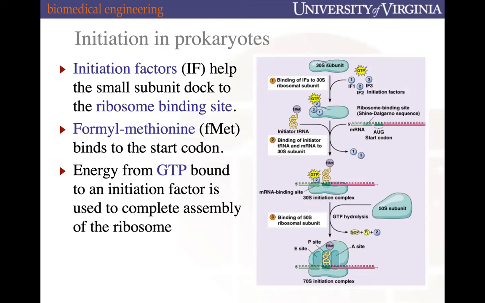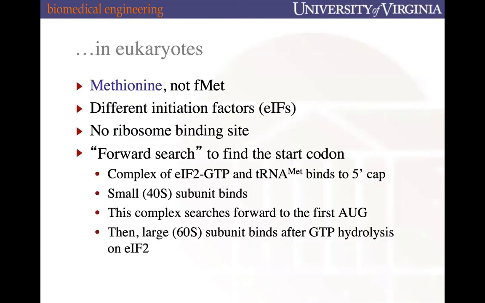They're also going to bind to the transfer RNA to help bring in that first one, to encode for the start codon for the formylated methionine. And they're also going to help by bringing in the large subunit to complete the assembly of the ribosome to begin and initiate translation. In eukaryotes, just like I mentioned a moment ago, our start codon does not encode for formylated methionine, but rather methionine.